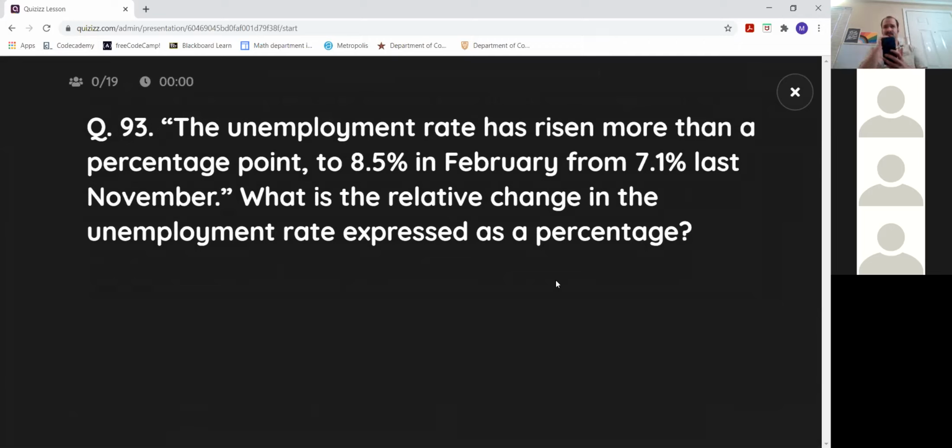It is percentages of percentages, so that's a little weird. And it's risen, so that should tell you what direction you're subtracting these things in.